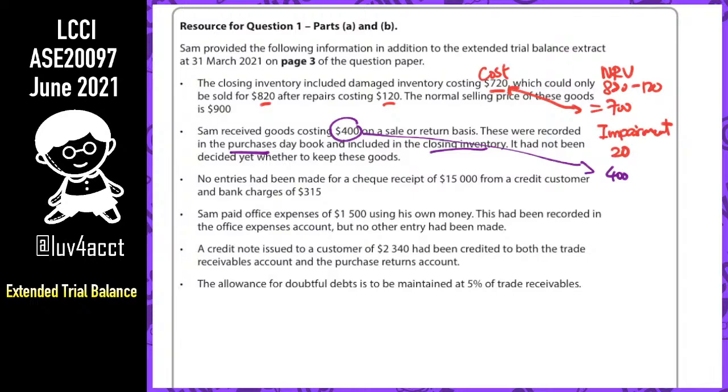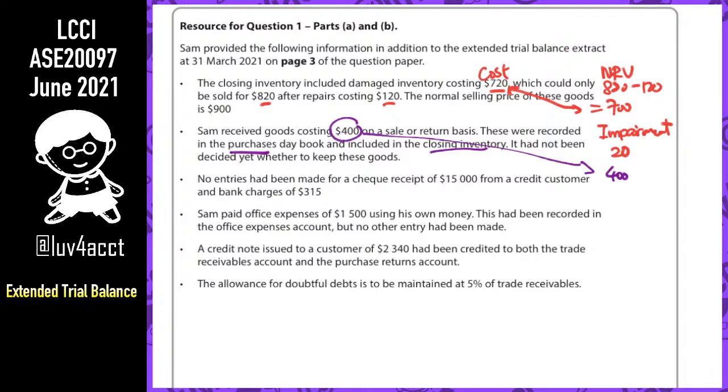But apart from inventory, please also remember we have to correct the purchases as well, because for goods sent on sale or return basis with no decision made, it shouldn't be our inventory, shouldn't be our purchases, shouldn't be the amounts that we owe to our suppliers. So remember we have to make the adjustment for purchases and trade payables as well.